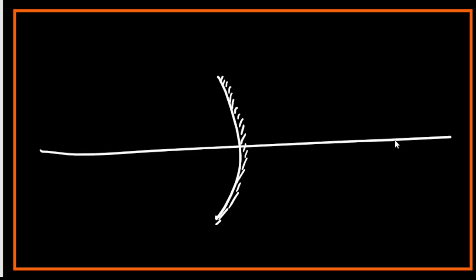And here we have the principal axis. Now watch. I'm about to show my principal focus. The principal focus will be somewhere around here. This point here, which I label P, is called the pole. This F here is the principal focus.